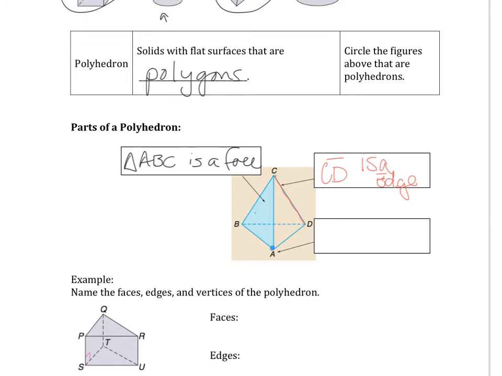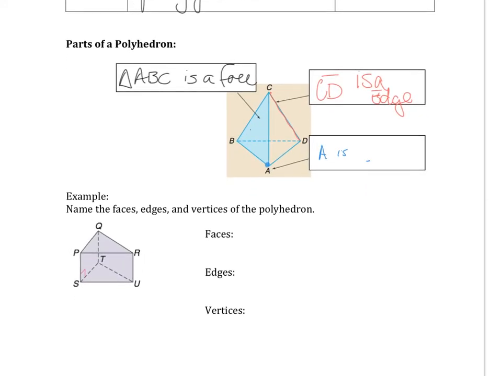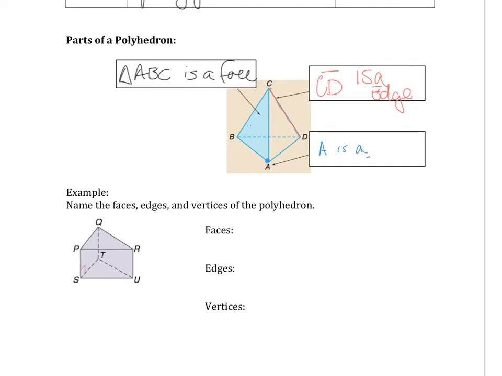And again, that's named with just one letter, so A is a vertex. So when we're talking about polyhedrons, they have faces, edges, and vertexes. All right, so those are the three things that we talk about.